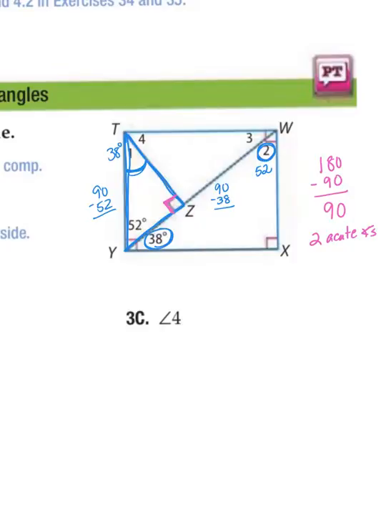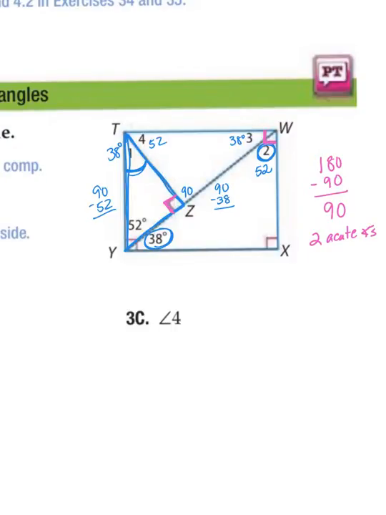Angle 2 and angle 3 are complementary. They make the right angle up there that we have the symbol for. Okay, so if I subtract 52 from 90 again, I'm going to get 38. And I know this is 90, so this has to be 52. And I believe we've covered all of our bases there, haven't we?